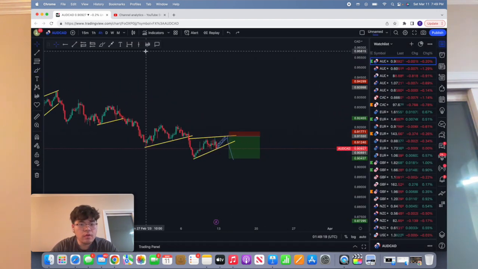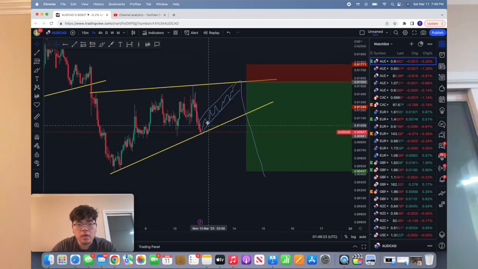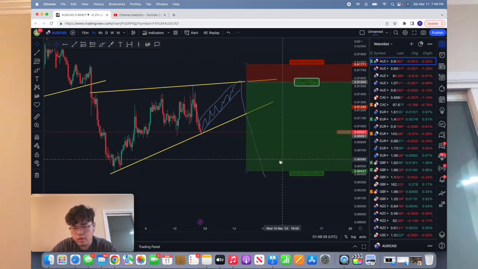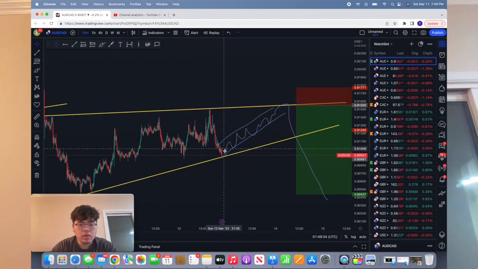So for this area, on this structure, I'm mainly focusing on the last leg. If we were to profit 111 pips, we can kind of see this is a good middle section.